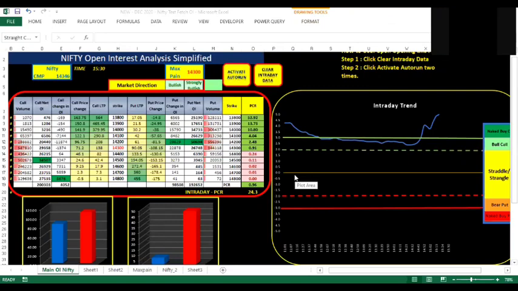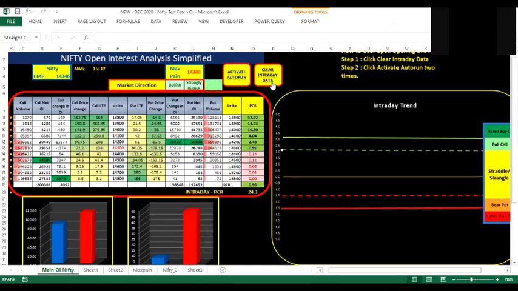Okay. So when I was describing how to read the intraday trend, I'm just going to clear the data, which I did not do initially when we started. I'm just pressing clear intraday data, and you see the chart has gone.